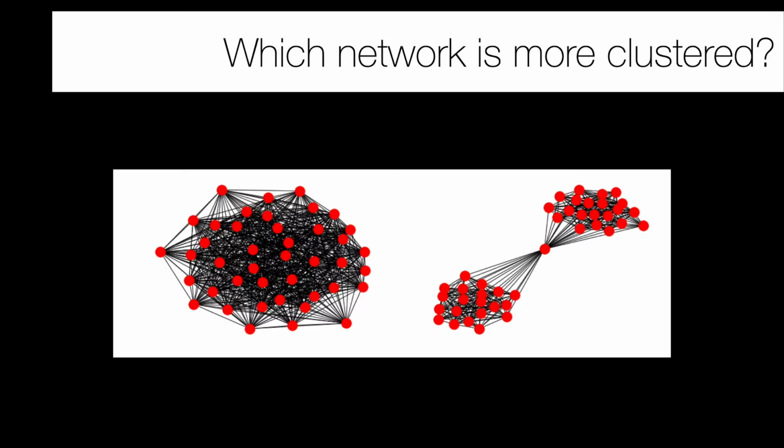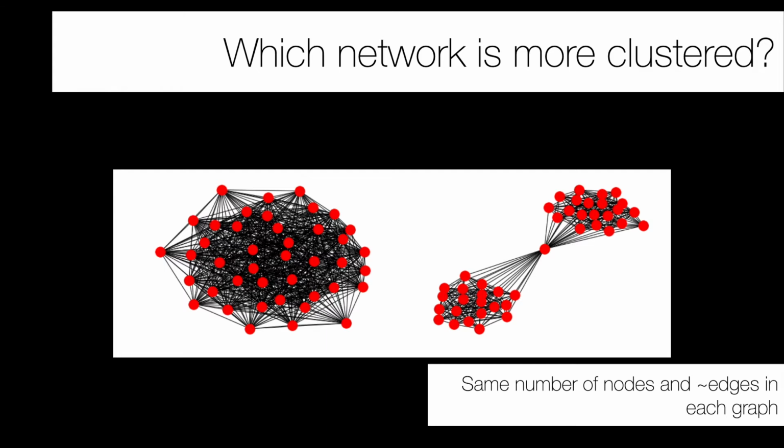First, if I show you 2 different networks, I can ask you, which network is more clustered here? Both of these networks have the same number of nodes and approximately the same number of edges, but we have 2 very different structures. So what kind of measures of graph structure have we seen before that we might be able to use here?